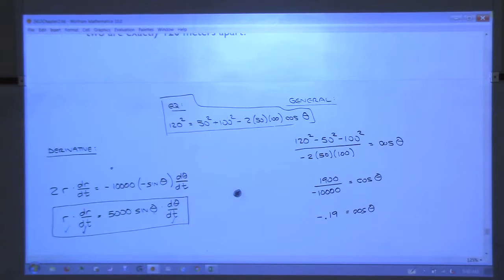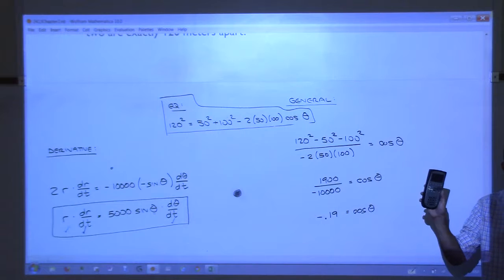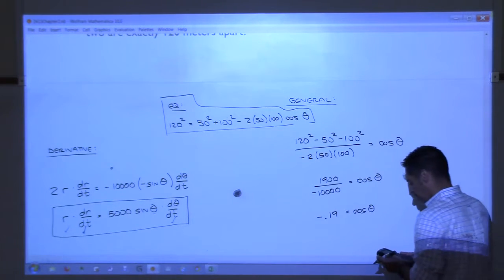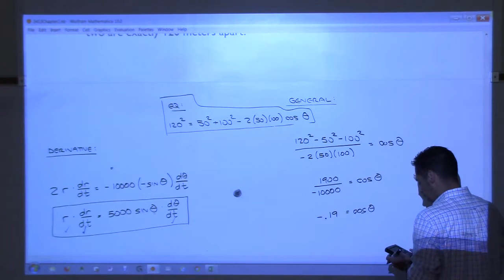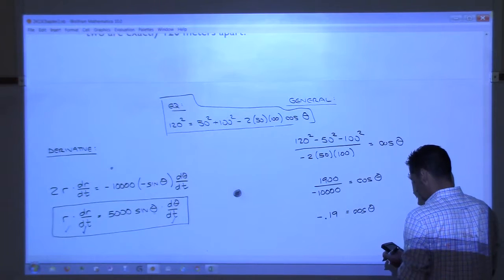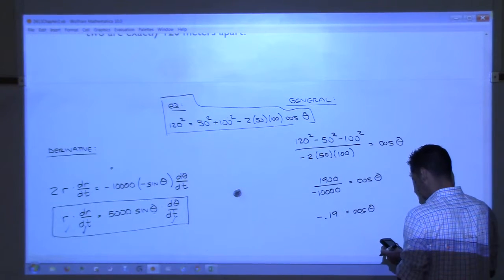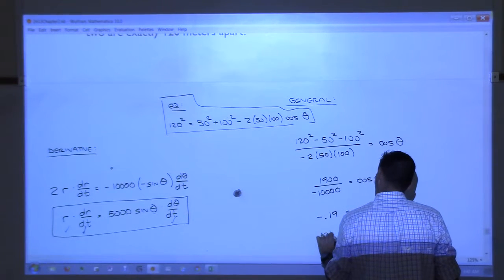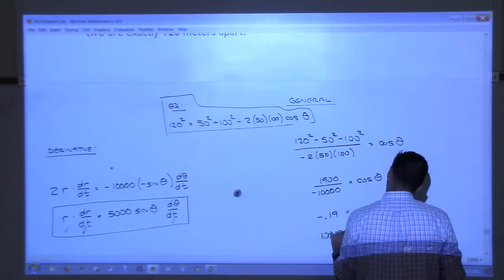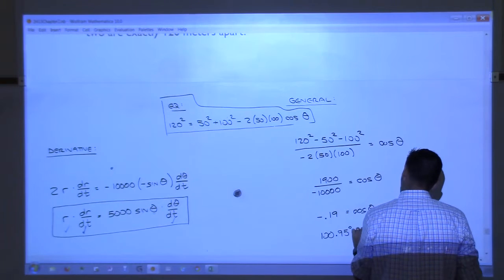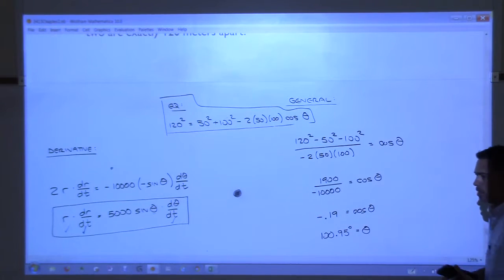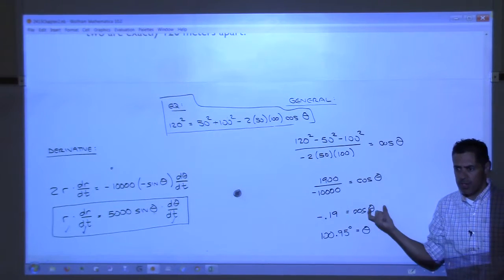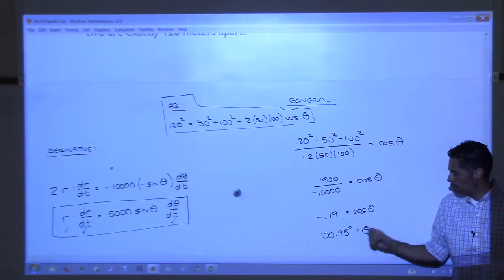Arc cosine both sides, inverse cosine. And you need to pay attention to what mode you're in your calculator. Okay, so I happen to be in degree mode. I'm going to do arc cosine of negative 0.19, and I get 100.95 degrees is theta. Don't understand what I did here? Inverse cosine on both sides. You get this?